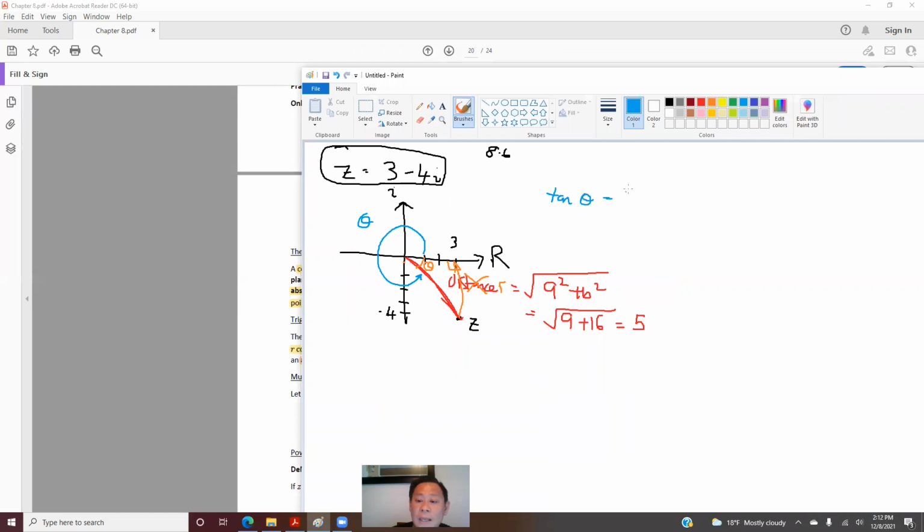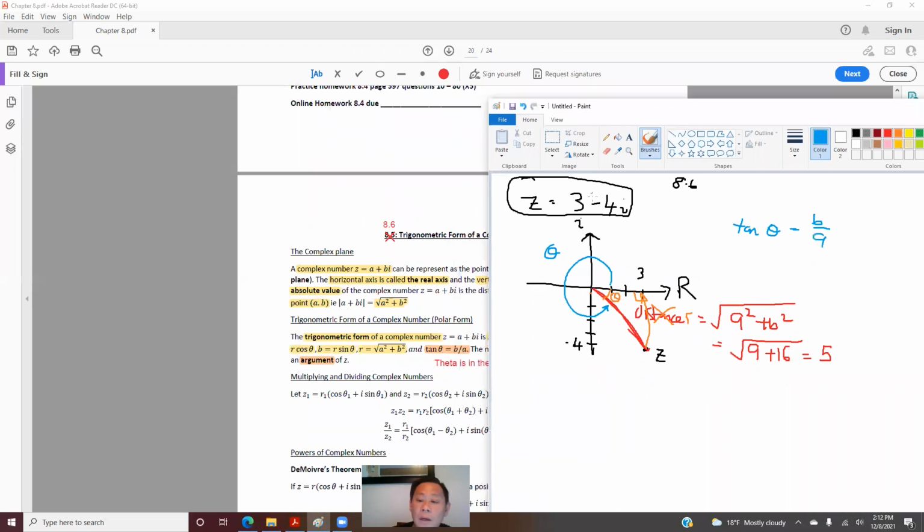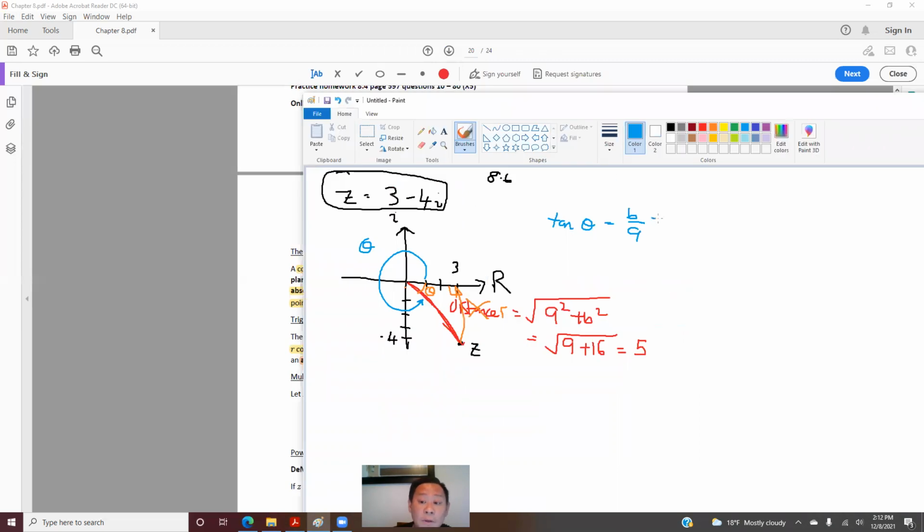In this case it is b over a. It's not a over b, it's b over a, which is the imaginary over the real. Again, don't use the I here. So b in this case is -4, and a in this case is 3. And then after that, you move the tangent over here, so that will become the arctangent.